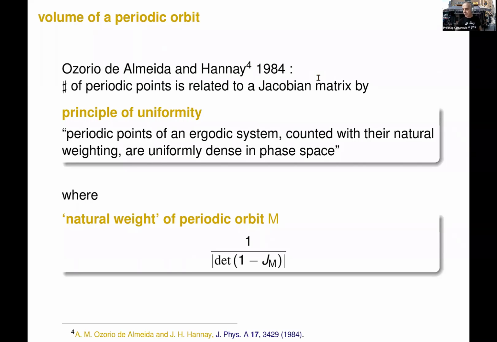I myself did it a couple of years later, and everybody else did it at some point or other. They stated very clearly the number of periodic points is related to the time evolution Jacobian matrix by their ergodic intuition. They thought, we have a phase space, it's compact. And ergodicity means there are points every place on it. And in some sense, they have to be uniformly dense.